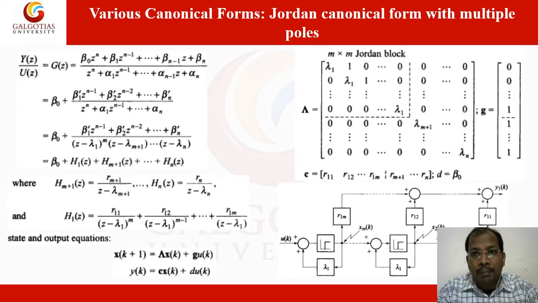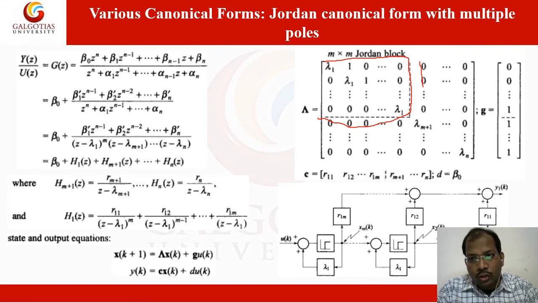If the poles are multiple, then we have to consider the multiple-pole partial fraction. So you can apply it here, and you have to calculate the matrix. This is the m by m matrix that has the distinct poles. If there are multiple poles, then these are z_m+1 to z_n. So these are the multiples.